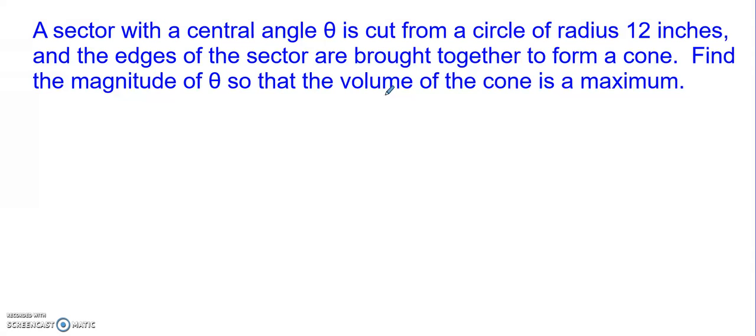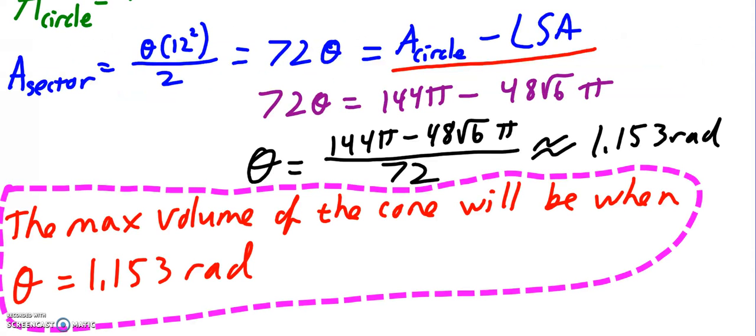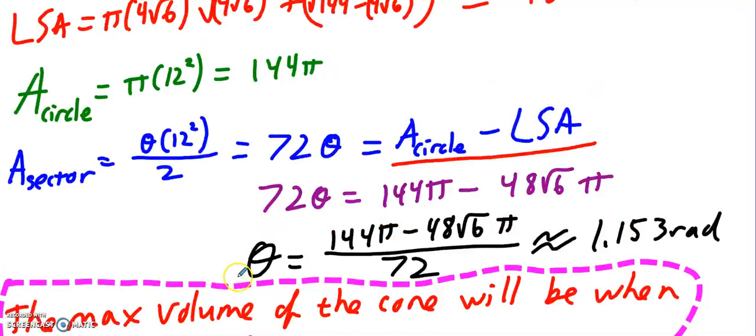Pause the video, try this, you got it, unpause when you're ready to check. Okay, so here we end up with the maximum volume of the cone will be when theta is 1.153 radians. Is that what you got? Hopefully. How do we get that?